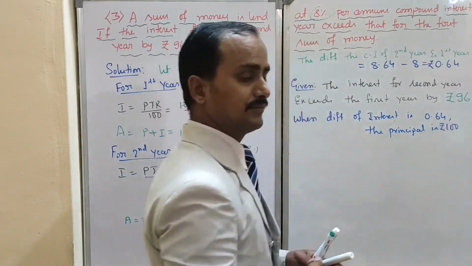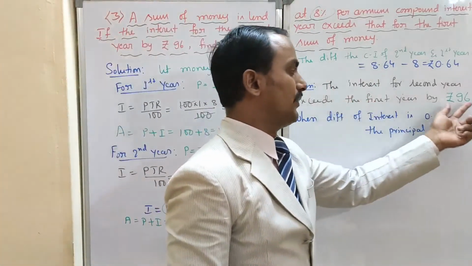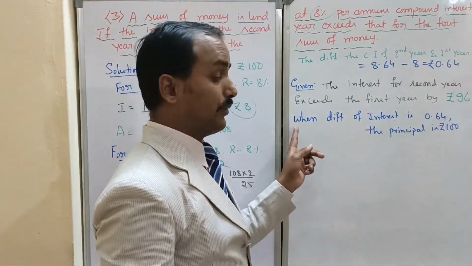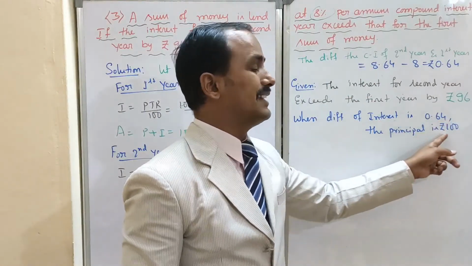You know that? This is the difference of the given data. Third point: when the difference of interest is 0.64, the principal is 100 rupees.